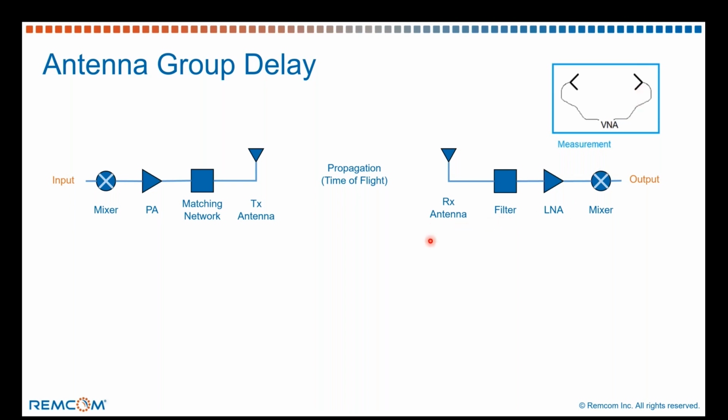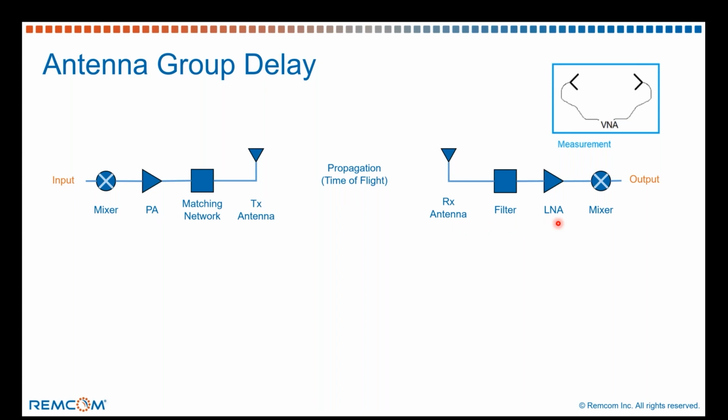From a component level, on a transmit side, you have your mixer, your power amplifier, your matching network, the actual antenna itself. There's the propagation channel, the time of flight, which is going to increase that transit time. And then on the receiver side, you have similar components.